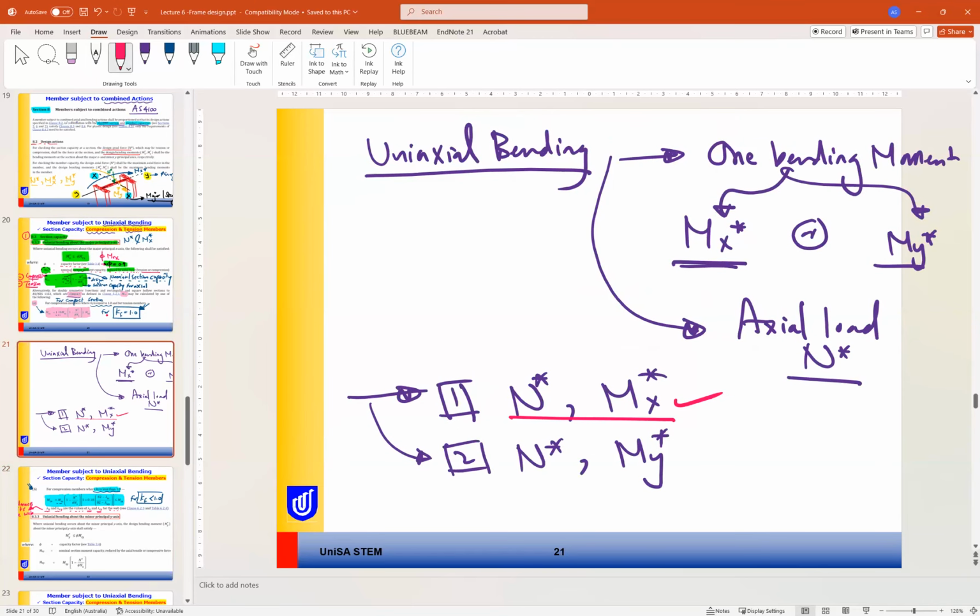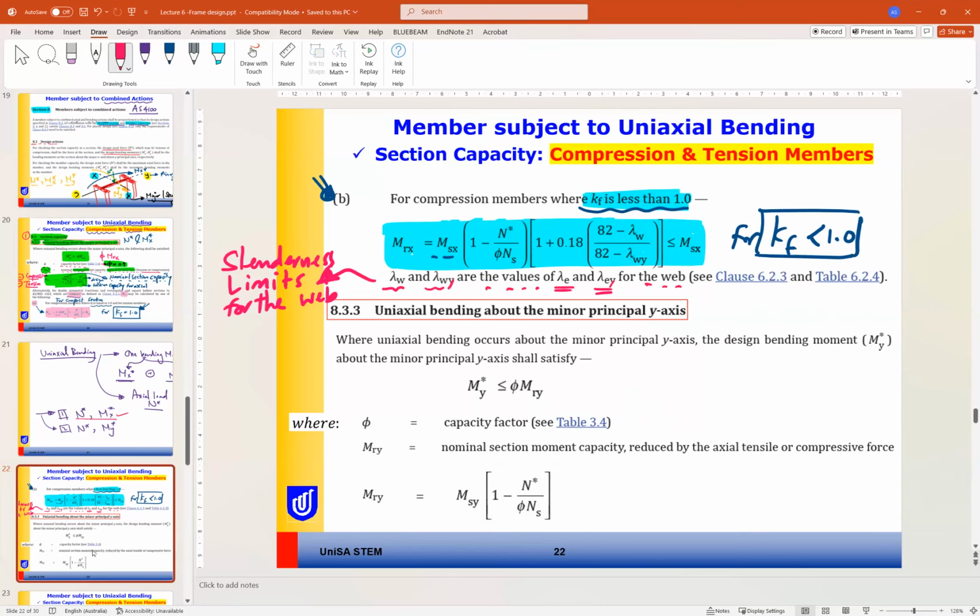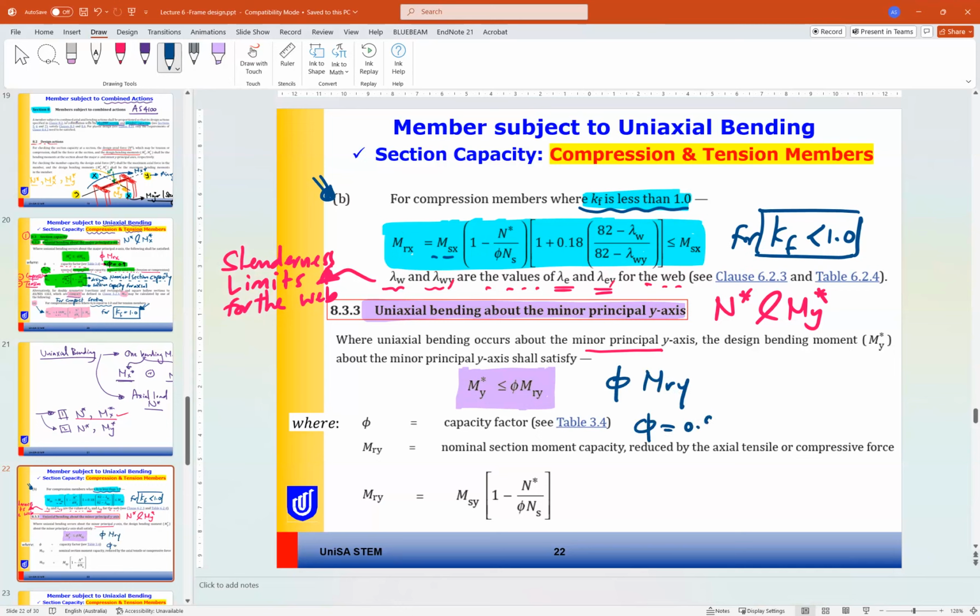The second case is for members under uniaxial bending about the minor principal axis, the y-axis. So we have N asterisk and M asterisk y. When uniaxial bending occurs about the minor axis, the design bending moment shall satisfy the following. So instead of phi M_rx, we have phi M_ry, where phi is 0.9.